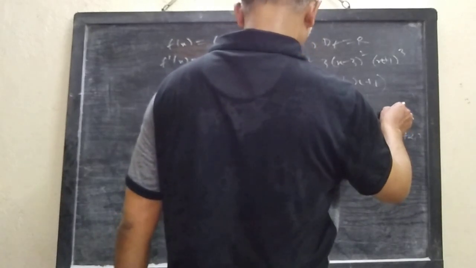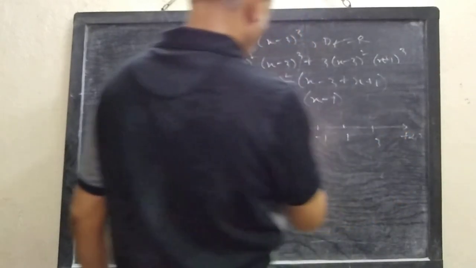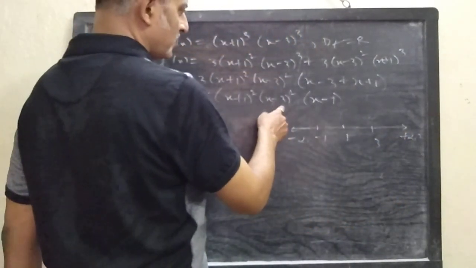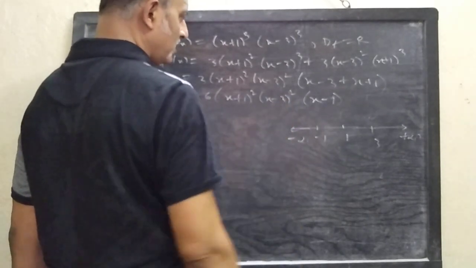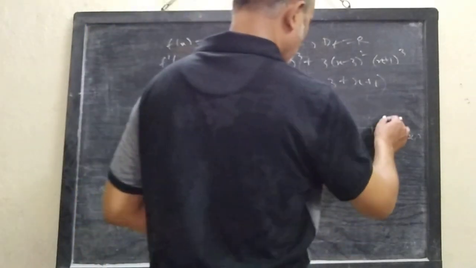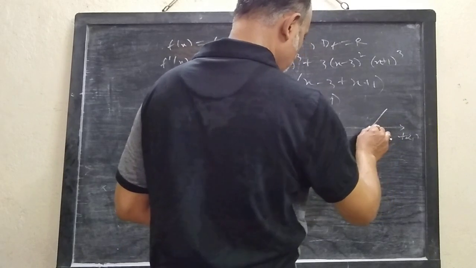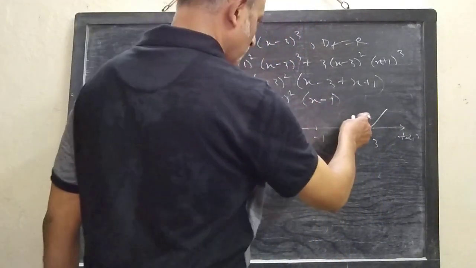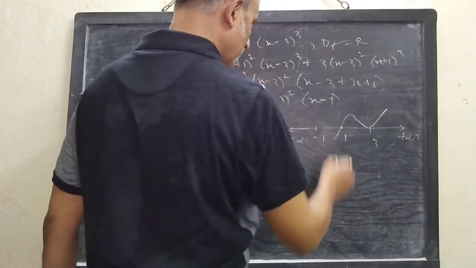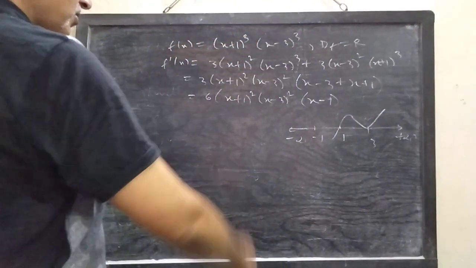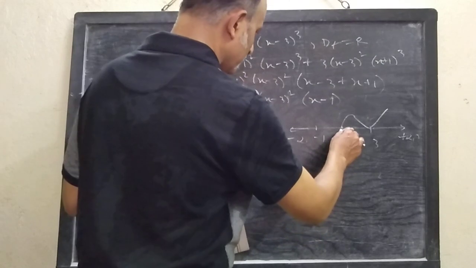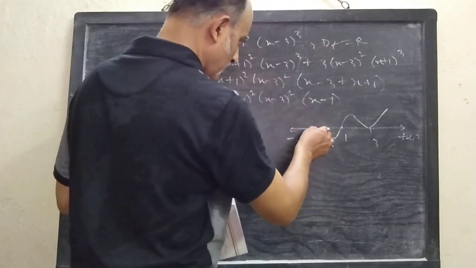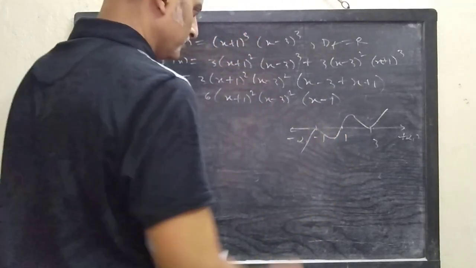Start from here, you can't cross 3 because 3 is a double point, because x minus 3 has an even power. So this will bounce from 3, then it will cross at the point 1. Then minus 1 is also a double point, so this will bounce from this point.